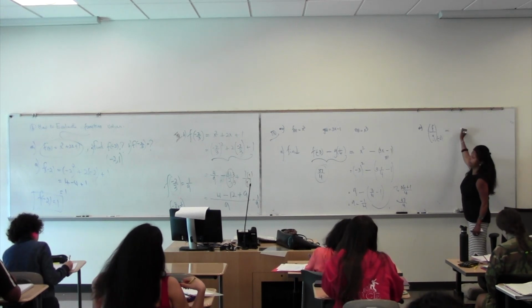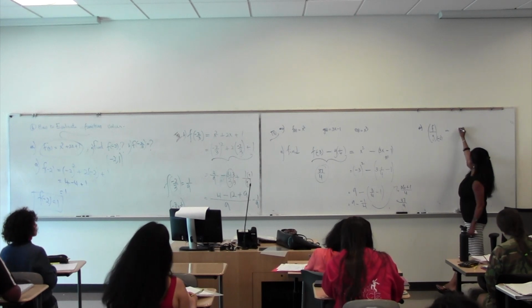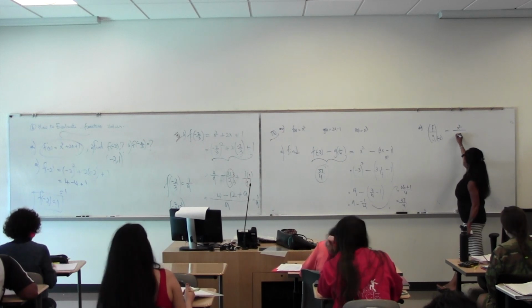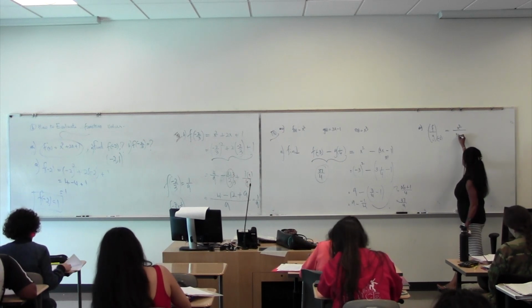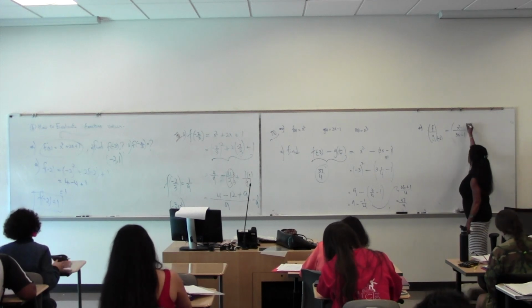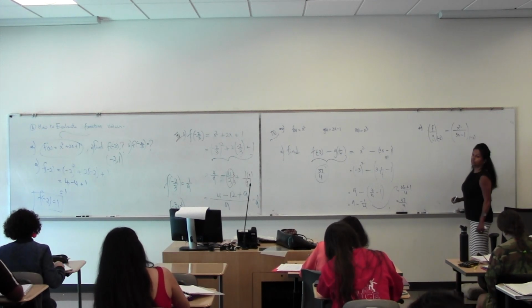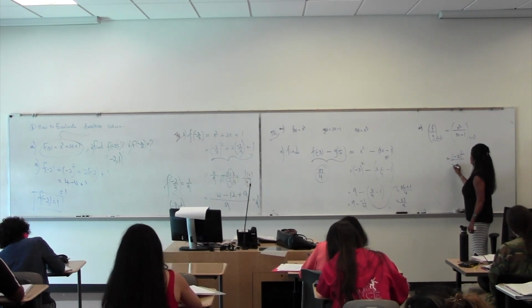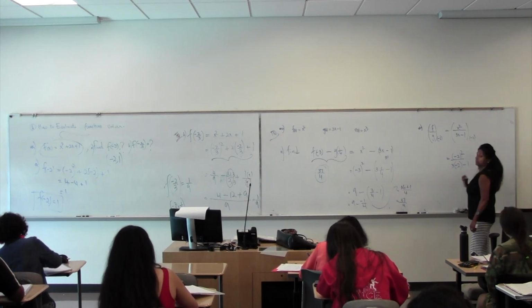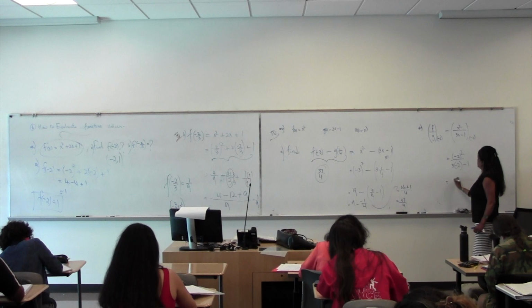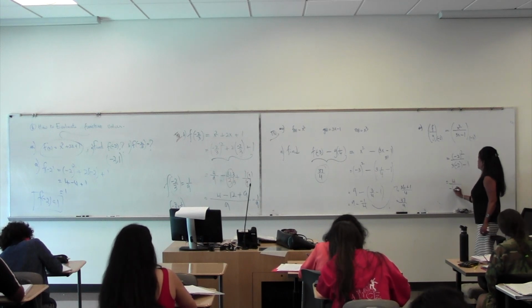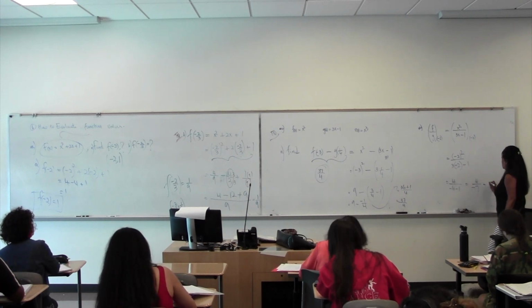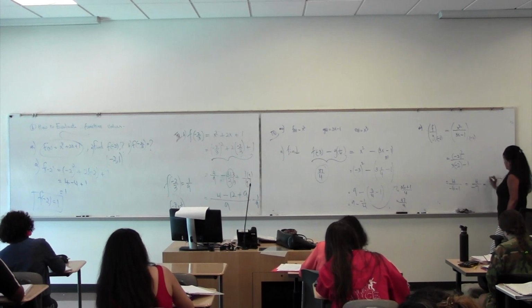You take the f value, x squared, over 3x minus 1. Evaluate this at negative 2. Work with this, right? And simplify this.